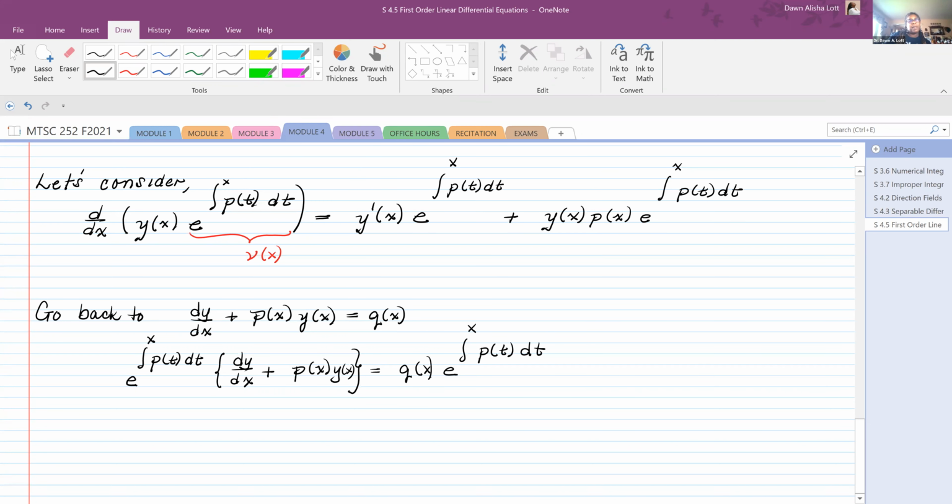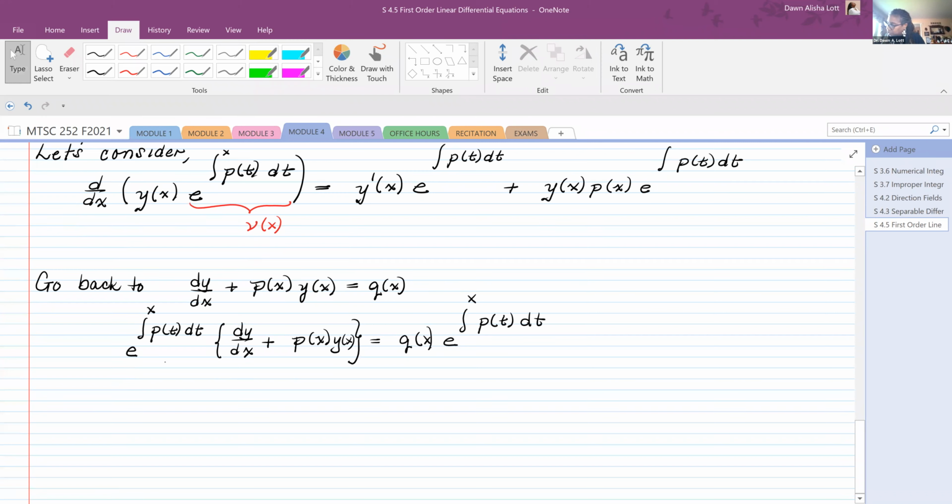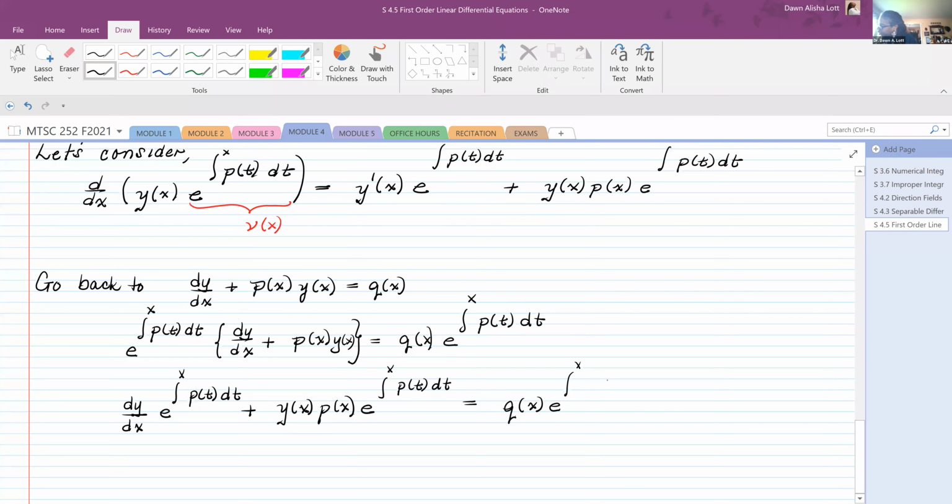Now let's expand the first side. I get dy dx times e to the integral of p of t dt plus y of x times p of x times e to the integral of p of t dt is equal to q of x times e to the integral of p of t dt.